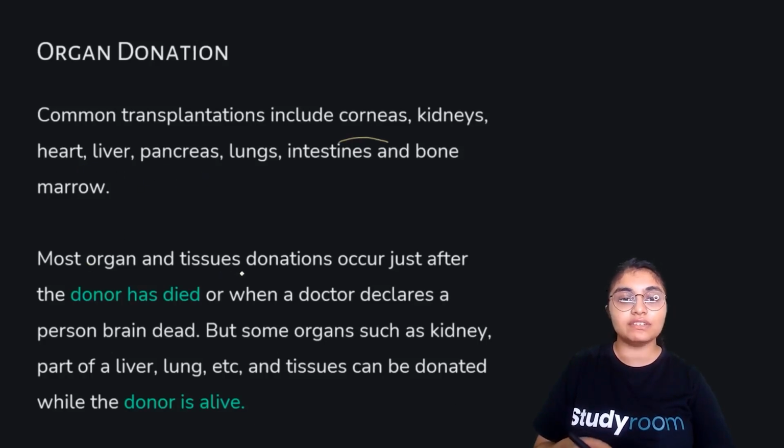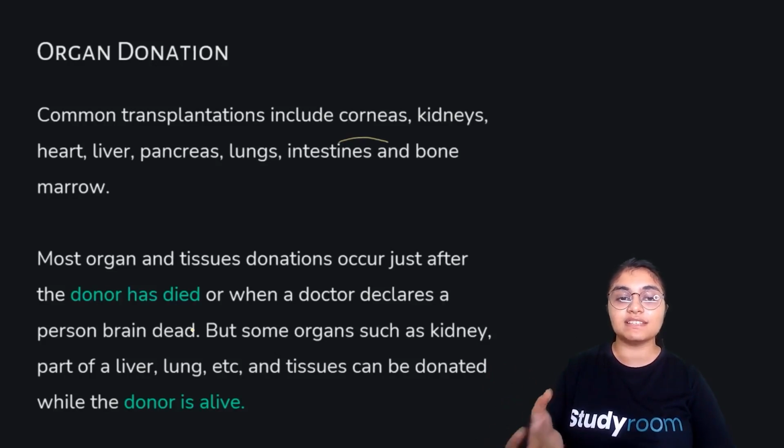Most organ and tissue donations occur just after the donor has died, or when a doctor declares a person brain dead. Immediately after that, the tissues and organs are extracted from his body and transplanted into the recipient, or the patient.